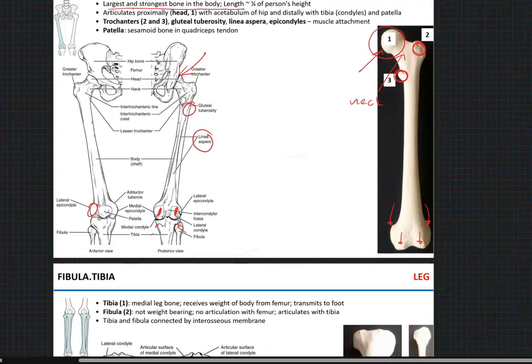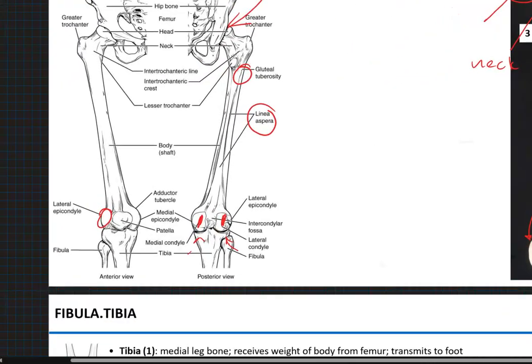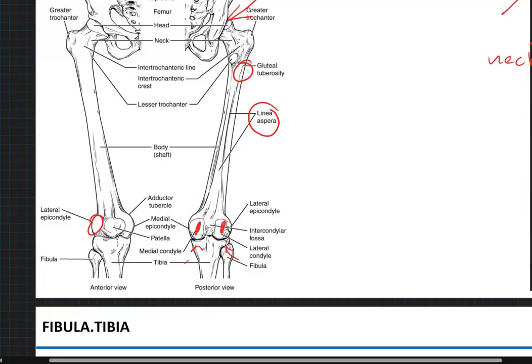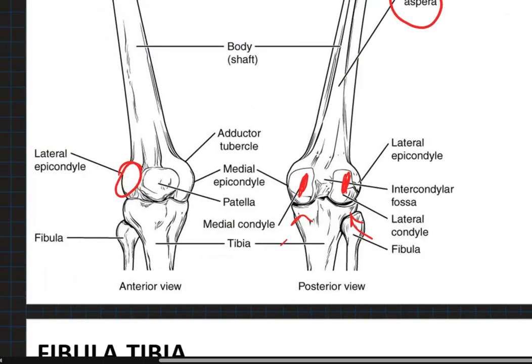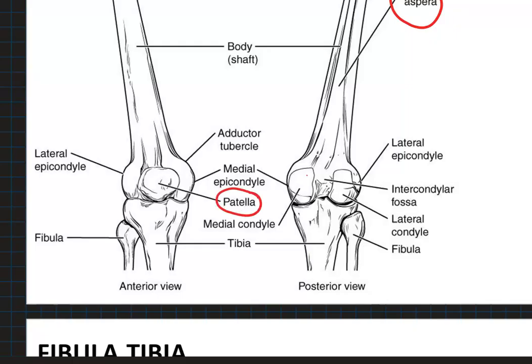Now, if you will look at the image on the left, you may notice that femur does not articulate with all 3 bones that are located inferior to it. Femur does articulate with the patella.